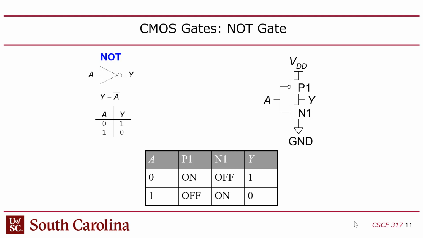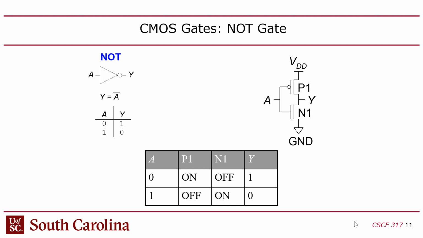So there's very little voltage drop here. Likewise, same thing happens here. If I turn on this NMOS transistor, it's going to pull Y down to ground, and that's at ground. That means the source and drain are both at ground, so there's no voltage drop, so no problem, right?